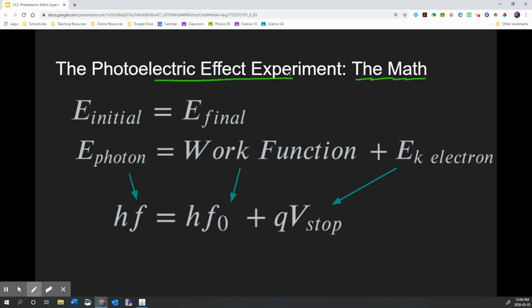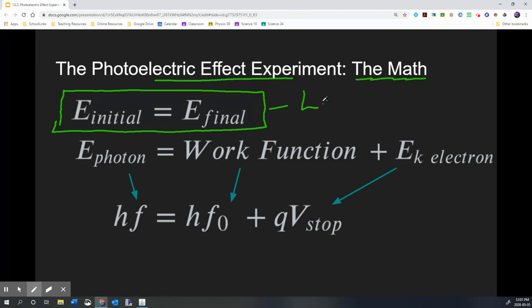Mathematically, to analyze the photoelectric effect experiment, it comes down to the granddaddy of all physics formulas or physics concepts. This one here: the initial energy that you start with equals the final energy, also known as the law of conservation of energy. You may have heard of it.